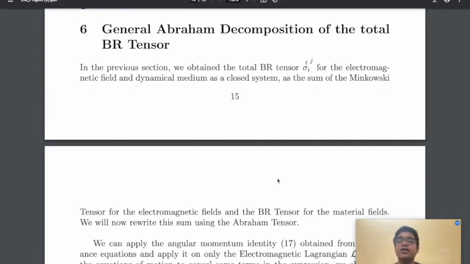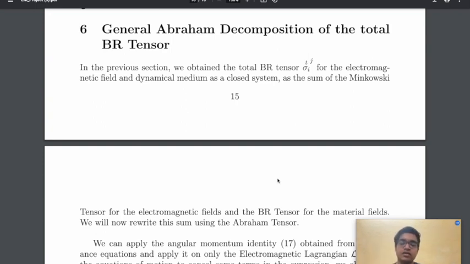Hi. In the previous section, what we finally obtained was this total BR tensor for the electromagnetic field and the dynamical medium, both considered together as one closed system. And we found out that this is just the sum of the Minkowski tensor for the electromagnetic fields, which happens to be the same as the BR tensor for just the electromagnetic fields we obtained earlier for the open system with the materials in the background.